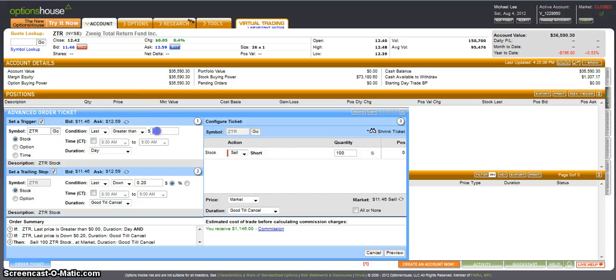We would simply say last price greater than 1260, good till cancel. What this means is that as soon as it hits 1260, it then activates this 20-cent trailing stop. And again, the order is not activated whatsoever until it hits this trigger.